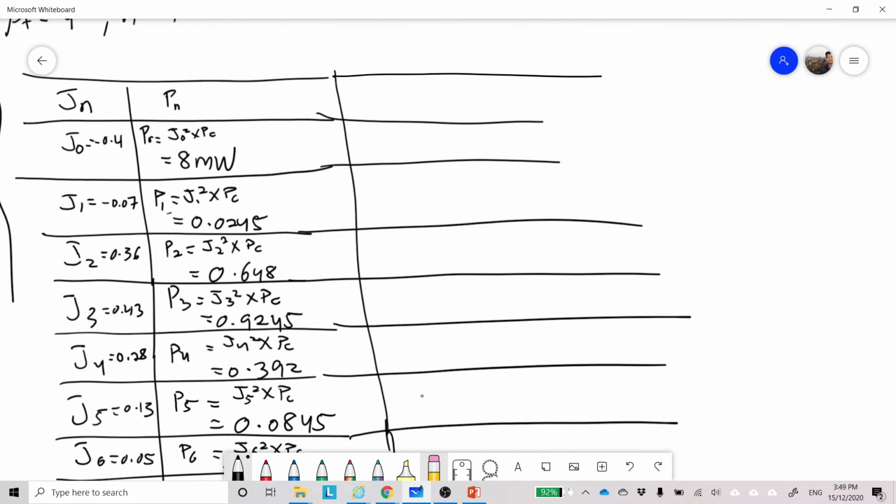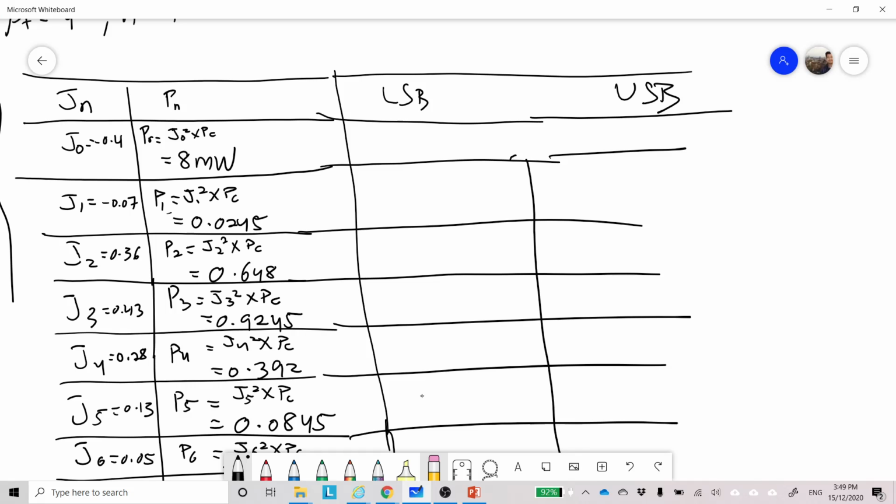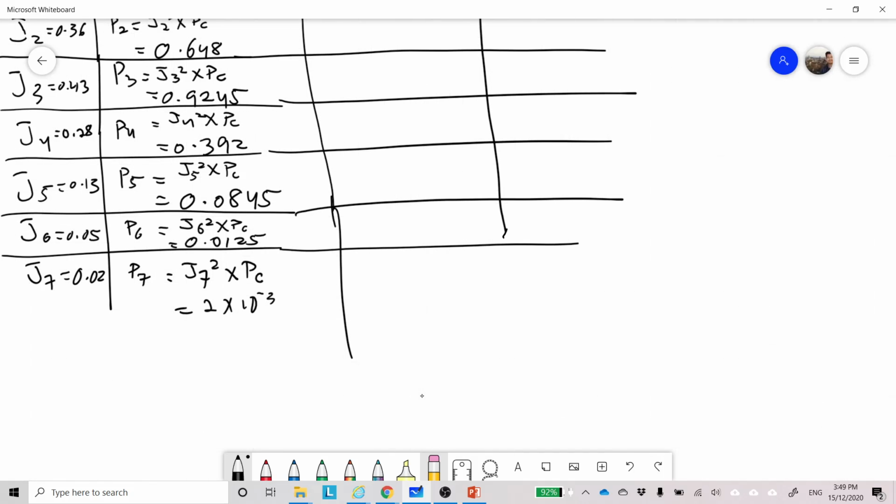So for this one je, this one is LSB. And then di sini adalah USB. Okay. So J0 berada pada FC, berada pada carrier frequency.